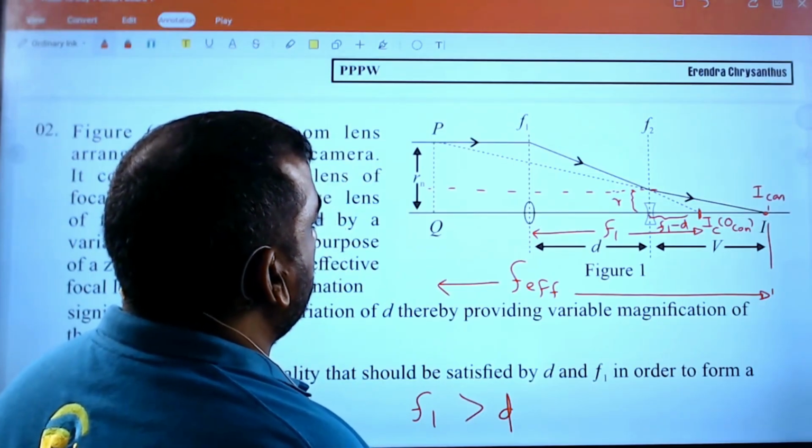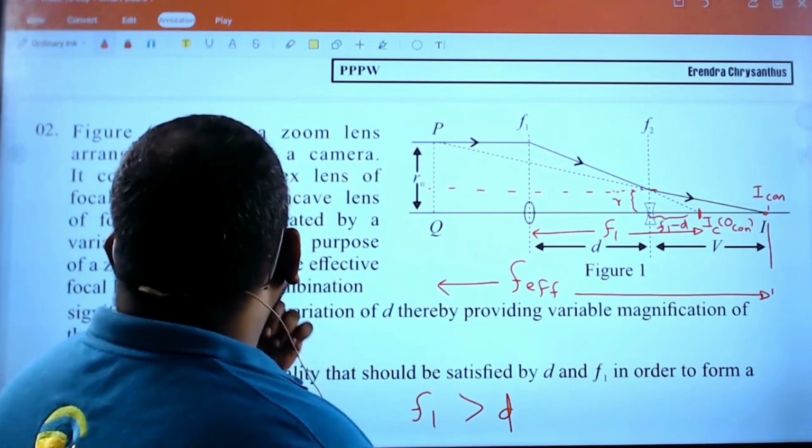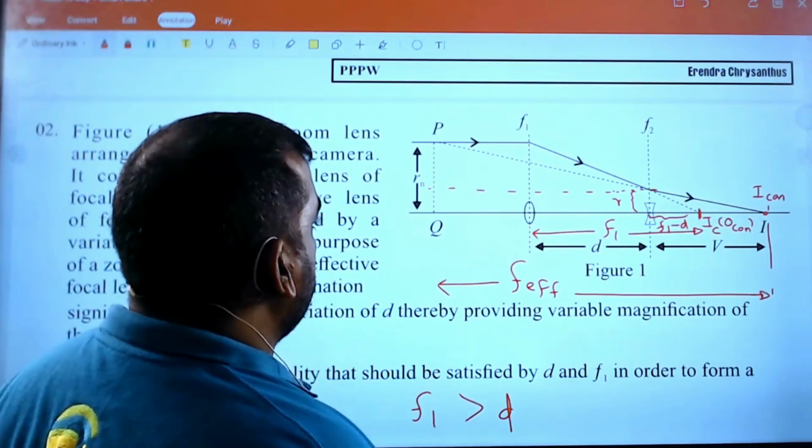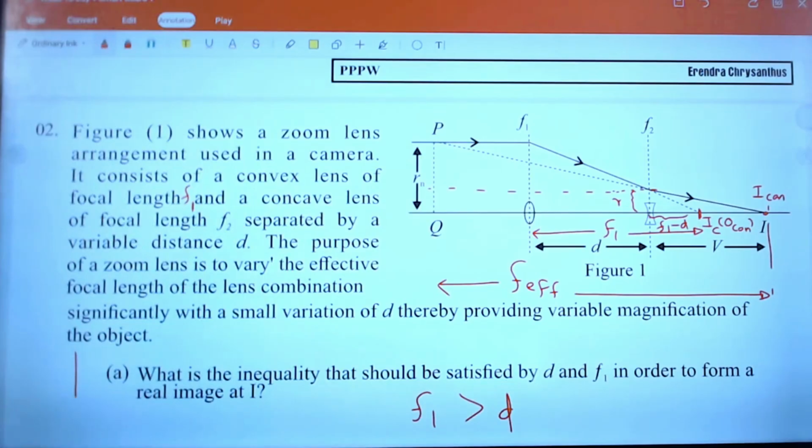Okay, now? So location of the image to point P will give you effective focal length. So image I to Q is your effective focal length.